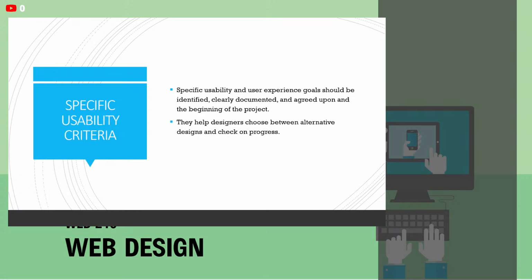To expand on specific usability criteria, we're talking about setting goals. What do we want to see happen in order for this website to be usable? What are our goals? Clearly document those goals, and then work to achieve those goals. And typically we might want to include some general goals in there, right?